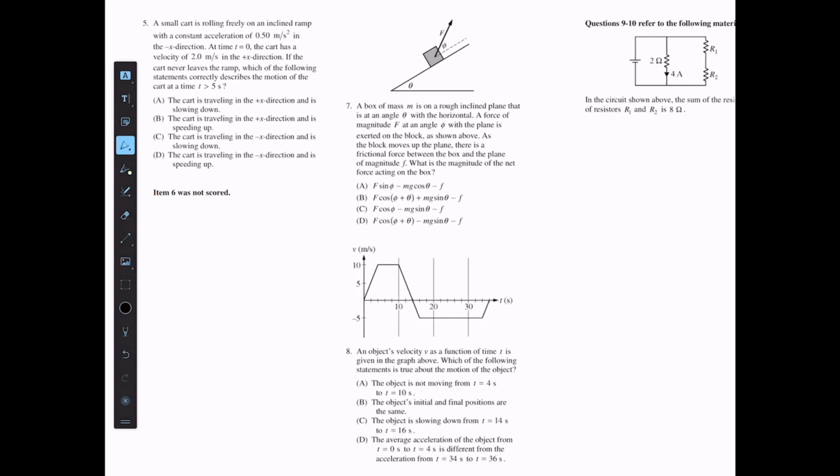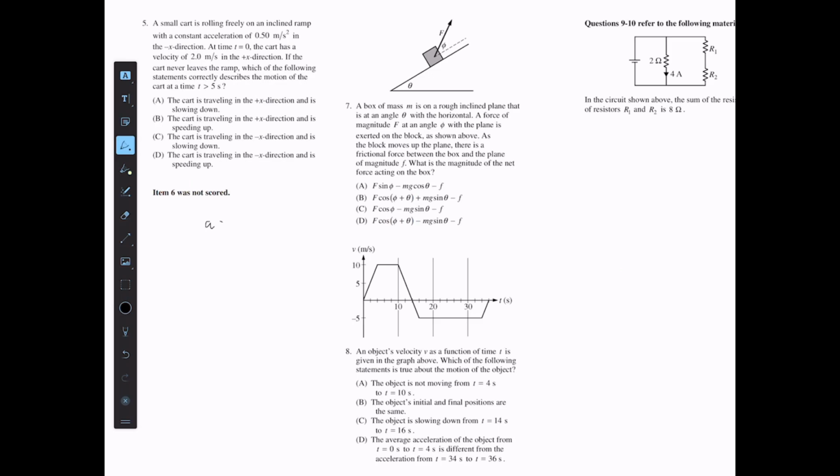Okay. A small car is rolling freely on an inclined ramp with constant acceleration 0.5 meters per second squared in the negative x direction. At time t equals 0, the cart has a velocity of 2 meters per second in the positive direction. If the cart never leaves the ramp, which of the following statements correctly describes the motion of the cart at time t greater than 5?